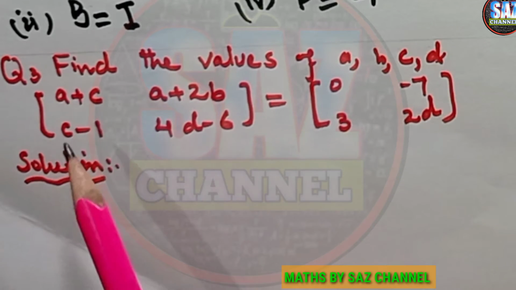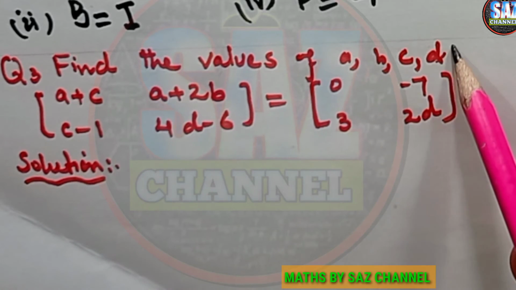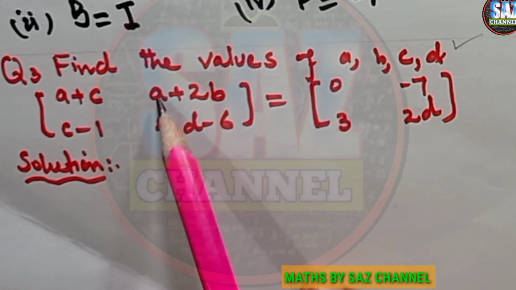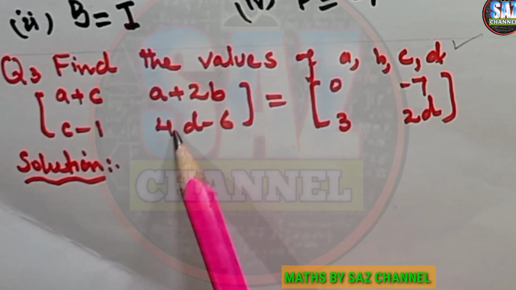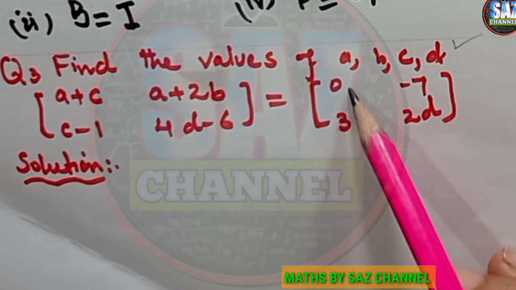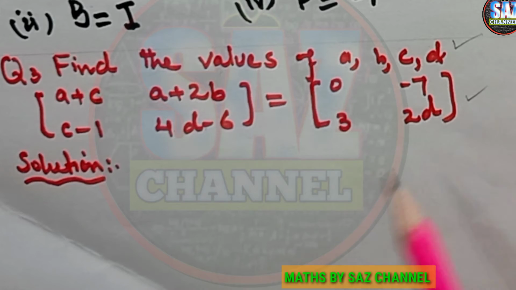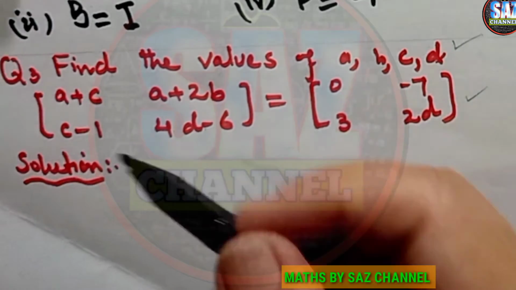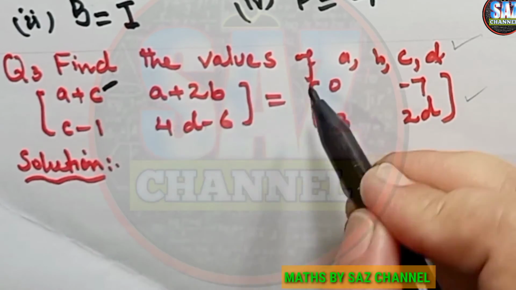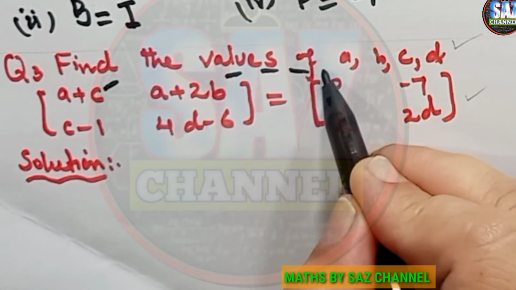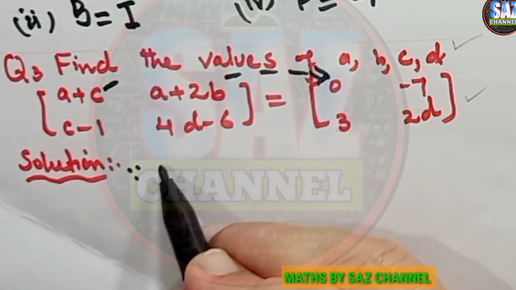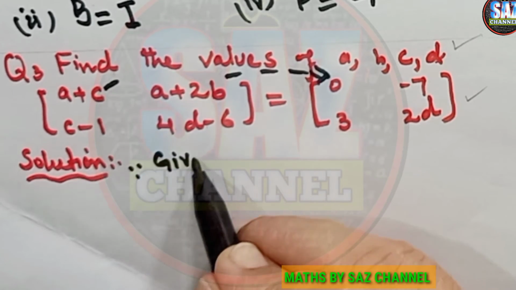Moving to the next question that says find the values of A, B, C and D, where the matrix A plus C, A plus 2B, C minus 1, 4D minus 6 equals the matrix 0, minus 7, 3 and 2D. As the matrices are equal, we can equate the corresponding elements.